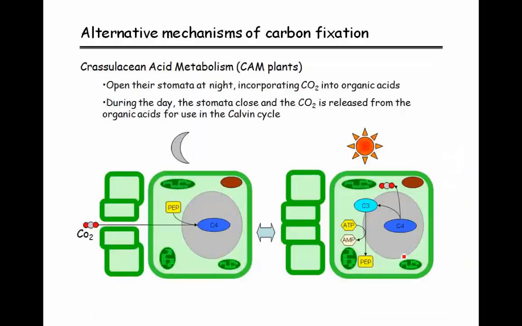Now, one other alternative way that carbon is fixed is with plants that are in the desert. So these plants have what we call crassulacean acid metabolism, or we refer to them as CAM plants. The problem that desert plants have is that water is not available at high concentrations. Not only that, but during the day it's going to be very dry, so we even have a very low humidity.